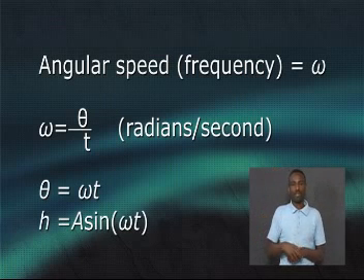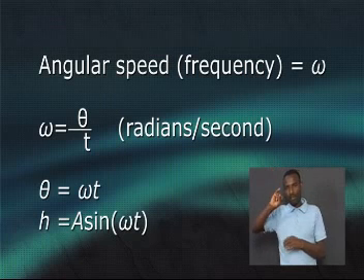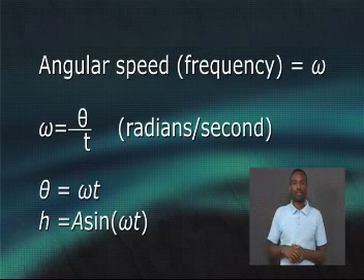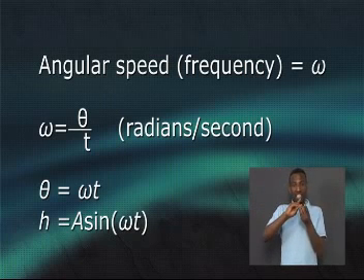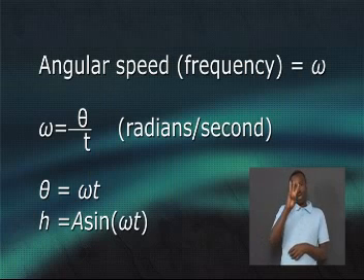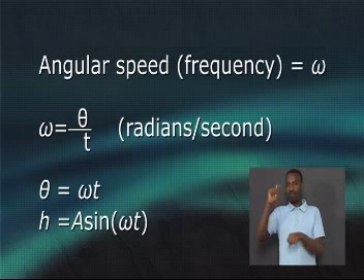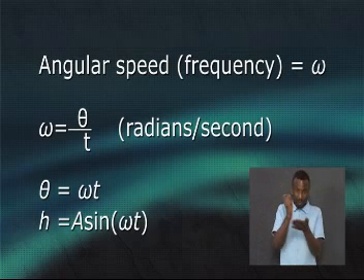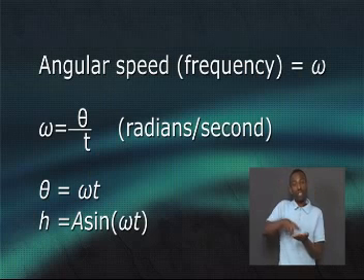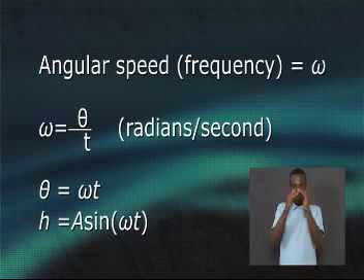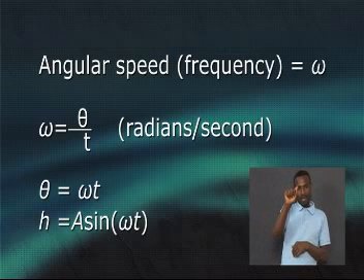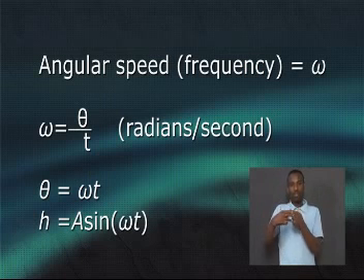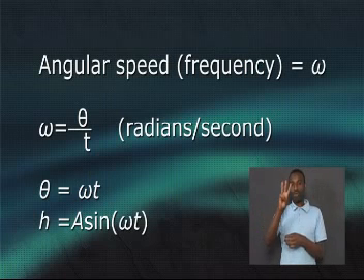We can rearrange this equation to define theta as angular frequency multiplied by time. Now we can rewrite the equation for the height of point P as height equals radius A times the sine of angular frequency multiplied by time.